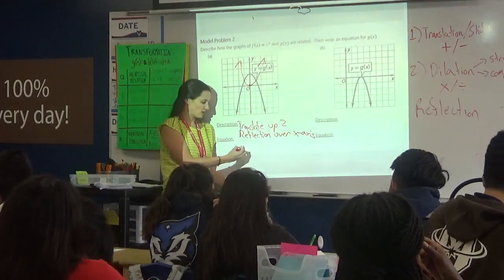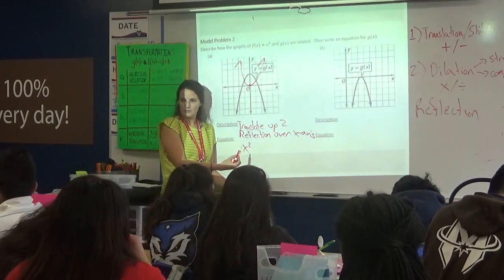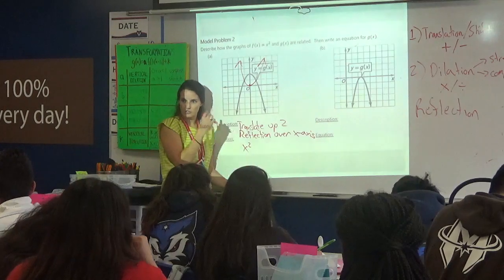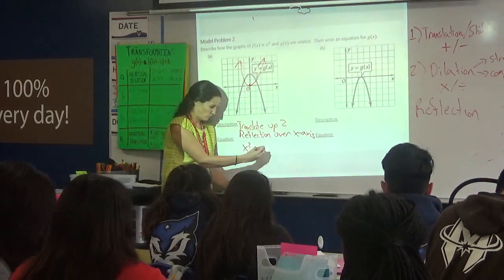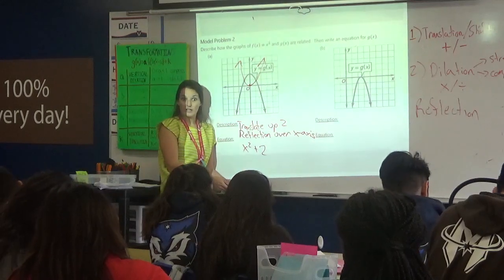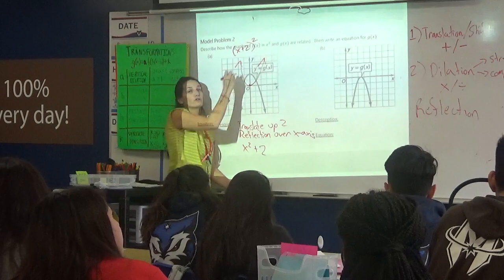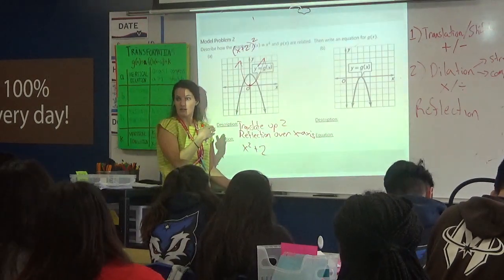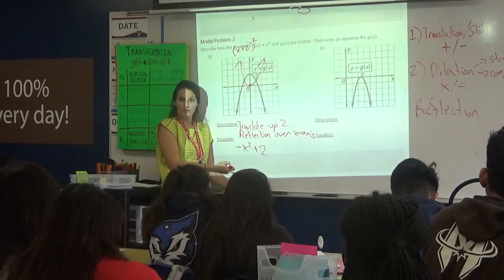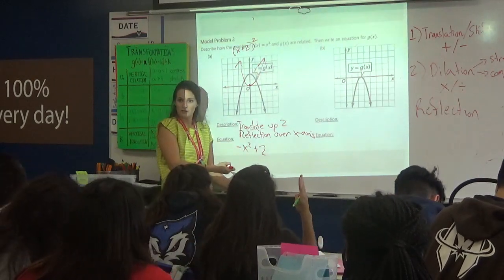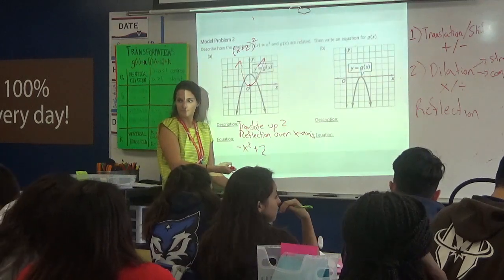What do I need to do to the x squared? Up 2 means what am I gonna do in my equation? Plus 2. And I do it on the outside, to move it up or down. This would have moved it left or right. And then I have my negative out in front to flip it, right?